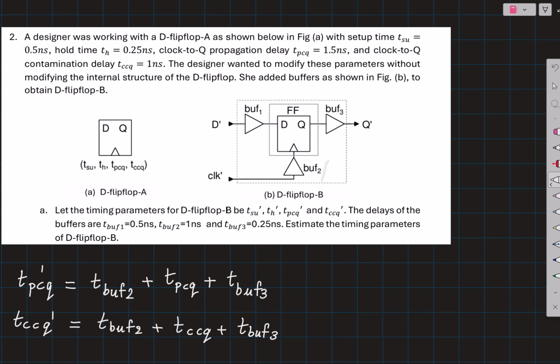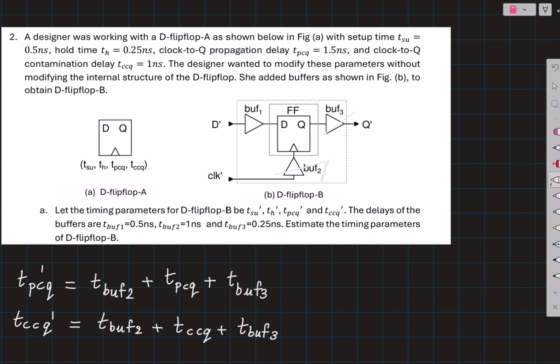An immediate sanity check would be to consider that there is no buffer 2 or buffer 3. Effectively your clock to Q delay is simply the clock to Q delay of this flop. In your equations, without buffer 3 and buffer 2, these values will go to 0, so your result simplifies to the same T_PCQ and T_CCQ of this flop. Anytime you derive something, immediately see what sort of sanity checks you can do on that derivation.